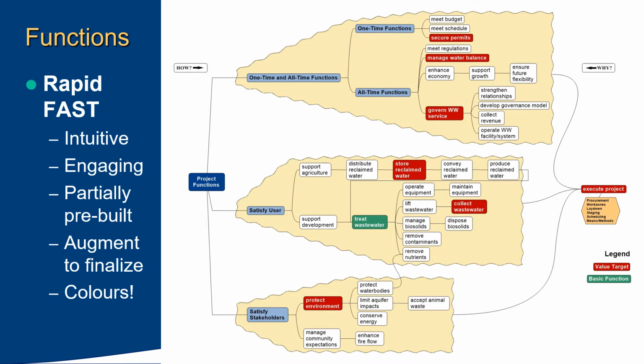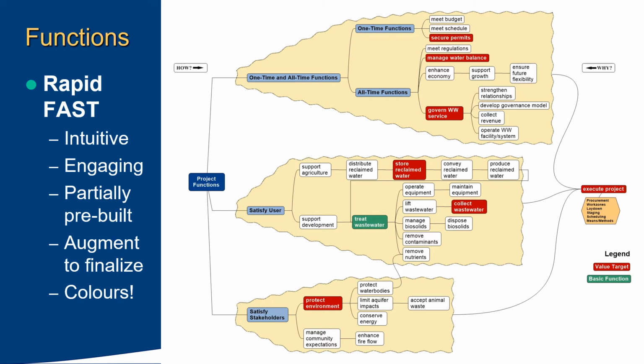A couple of ways to make time available for creativity and development is to reduce some of the other activities. One area that is typically the number one complaint is that doing function analysis takes way too long. It's just a speed bump before you get into ideas.